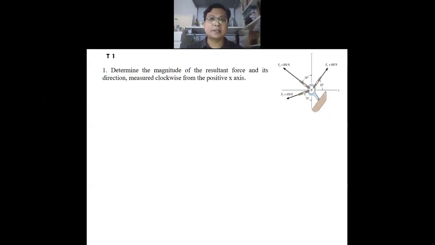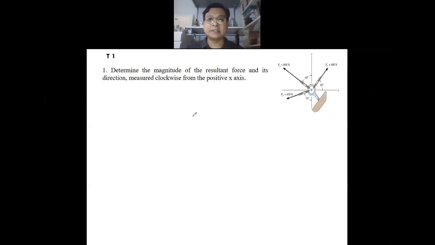So we create the FBD, the free body diagram. Create the force direction first.